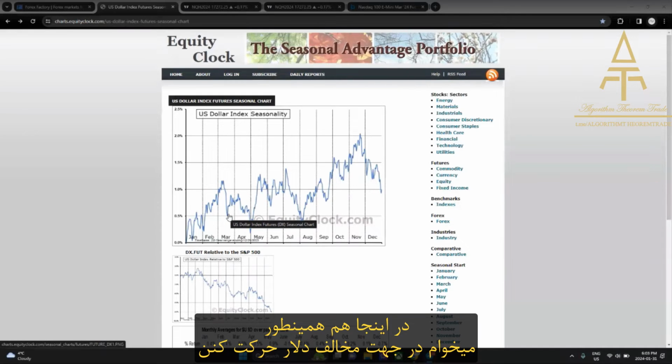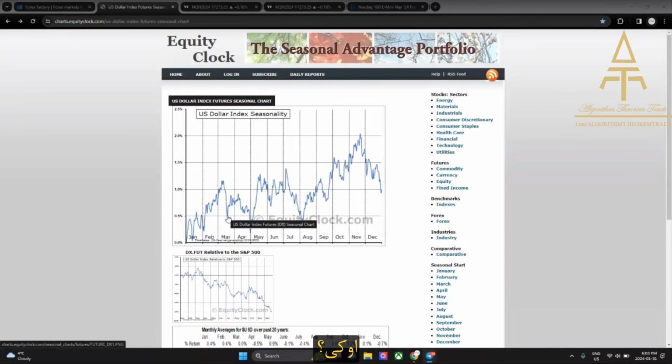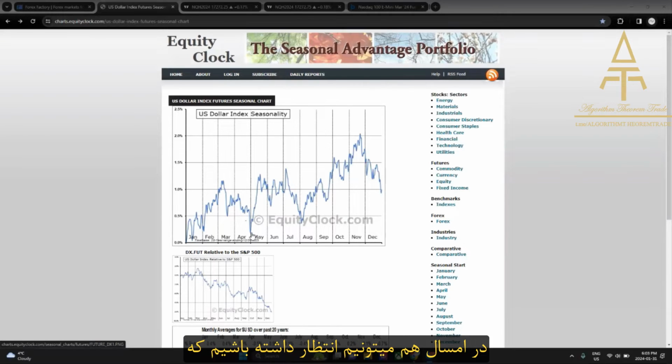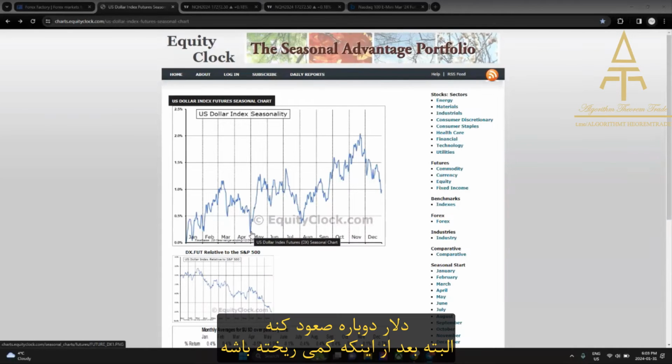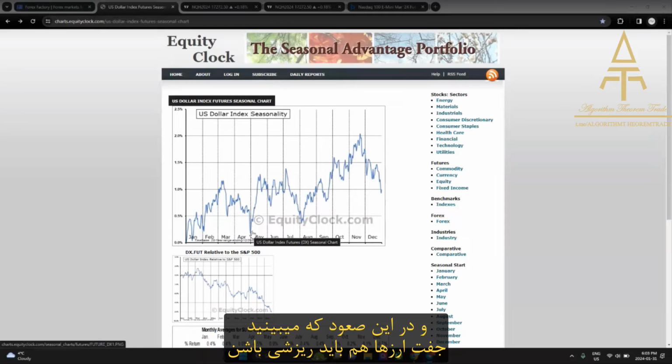I just want to see them moving in the opposite direction of where the dollar is going. During this year, we could literally see the dollar start rallying again after dropping a few, and we could see currencies and so on go lower just based on this.